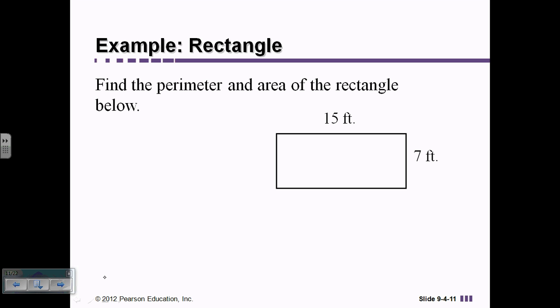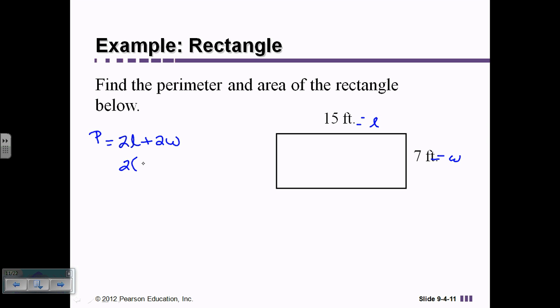So I want you to find the perimeter of this rectangle and the area of this rectangle. So remember, the formula for perimeter is 2L plus 2W. So we're going to call the 15 the L and the 7 is the W. And it honestly doesn't matter which one you call the length and the width. Just label them so you don't forget.